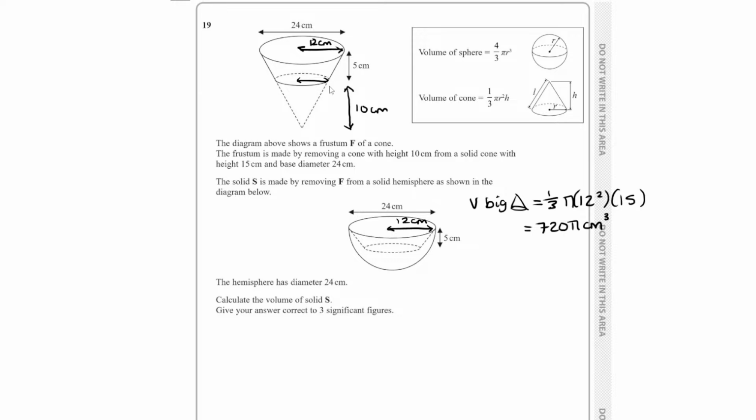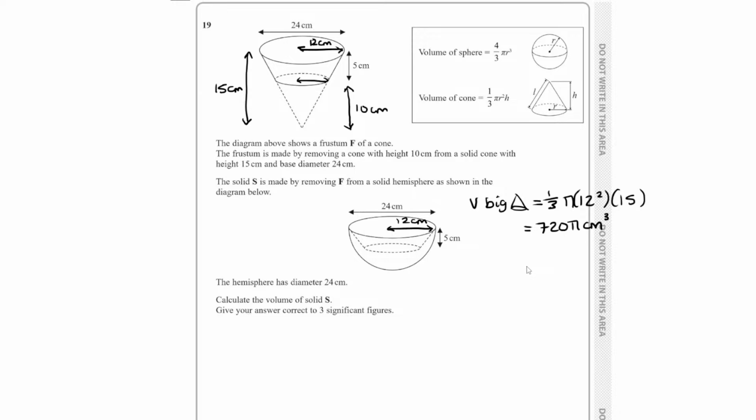So, as you said, you need to work out the scale factor, and the way you do that is by which side or which measurement do we have for both cones. Well, that's obviously the height. So the only thing is that I know they put 5 there. Obviously the whole thing is 15. That's what you've got to use, not the 5, because the 5 doesn't relate to a cone, it relates to a frustum. So you can divide them, as I said before in the other question, whichever way around you like. Doesn't really matter.